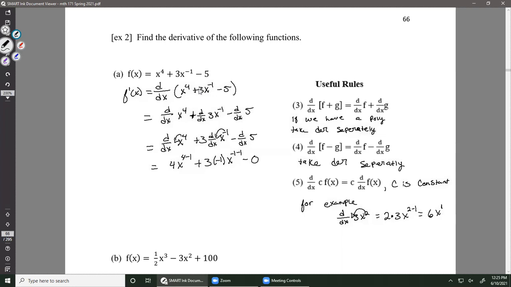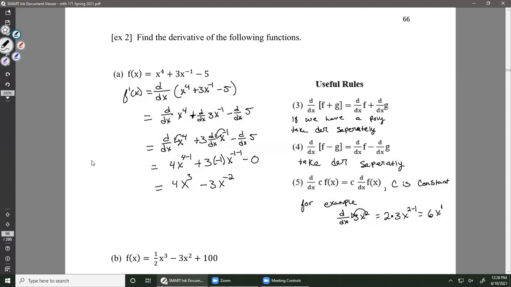And so simplifying this down, we get 4x cubed minus 3x to negative 2 and minus 0, so that just goes away. Okay, that was a lot of work to be shown. You don't have to do that much work.